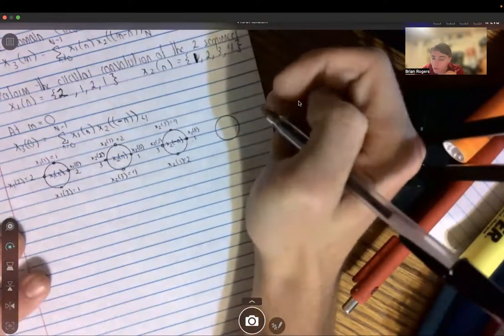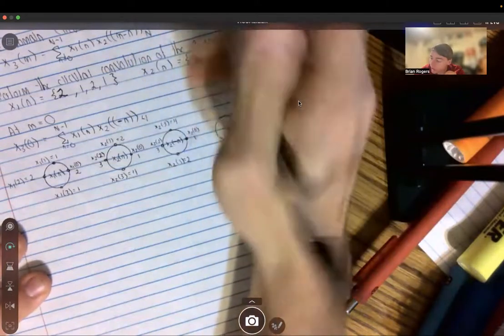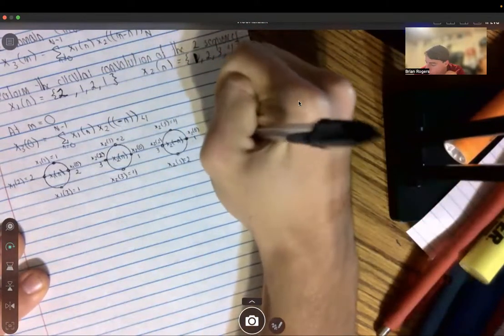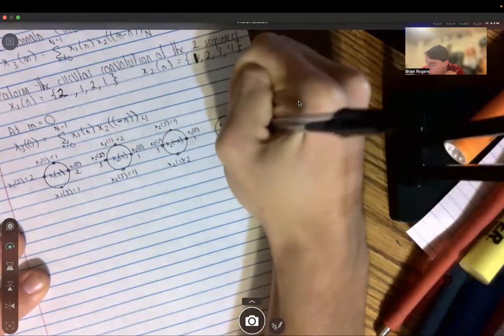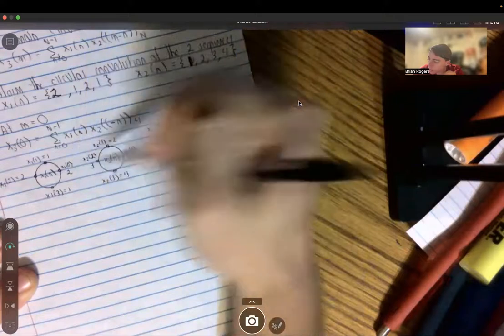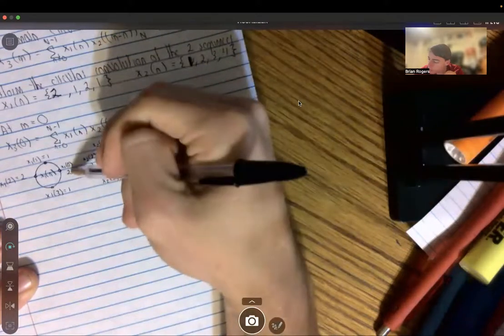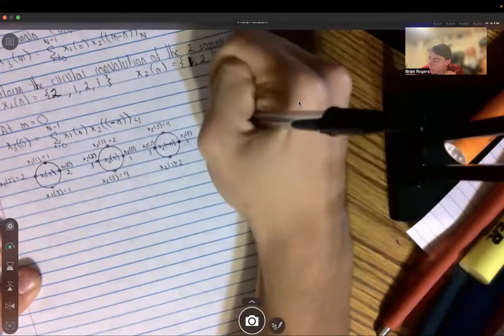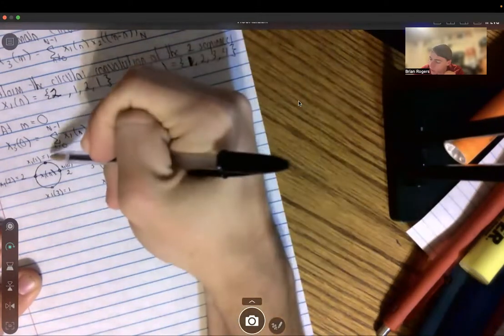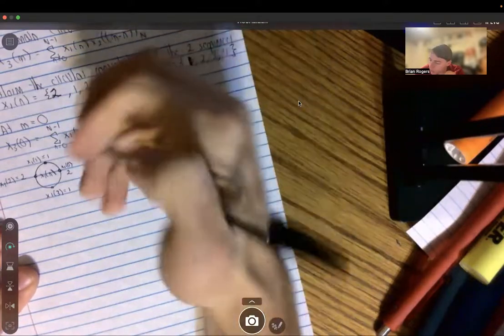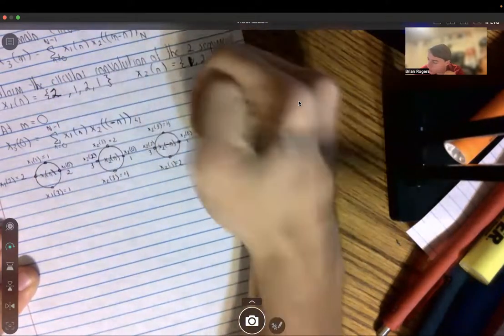Okay. And now we have our x2 of negative n here. And now we need to do the multiplication of the 2. That's what it requires. So it's x1 of n multiplied by x2 of negative n. So at our first point, x1 of 0 multiplied by x2 of 0 is going to be 2 times 1, so it's going to be 2. Then for the next point up here, we're going to have 1 times 4, which is 4. Next point over here, it's going to be 2 times 3, 6.